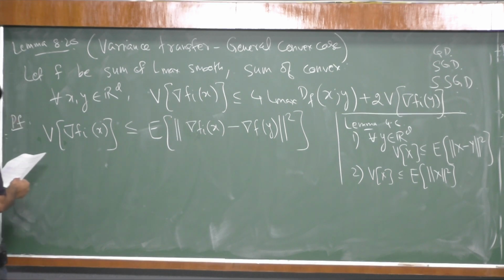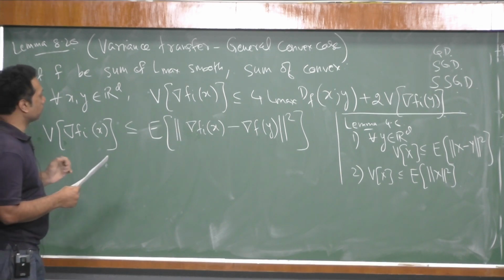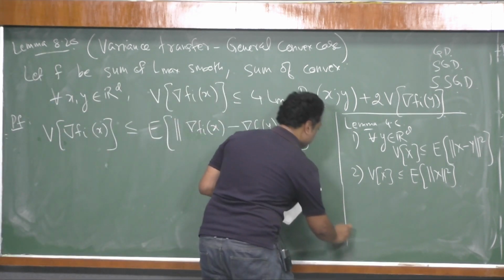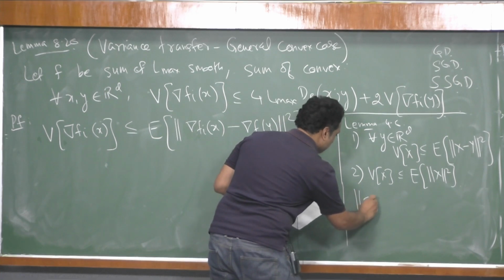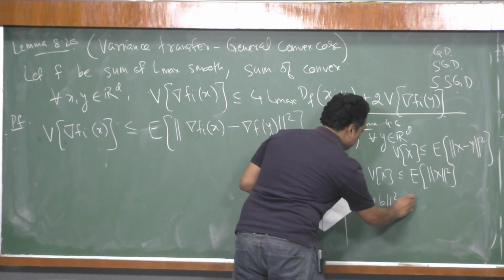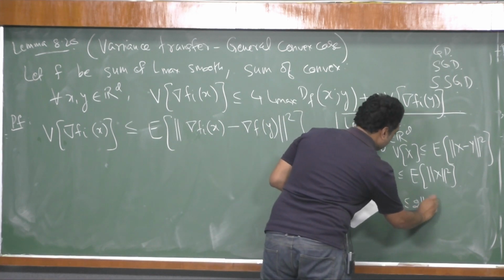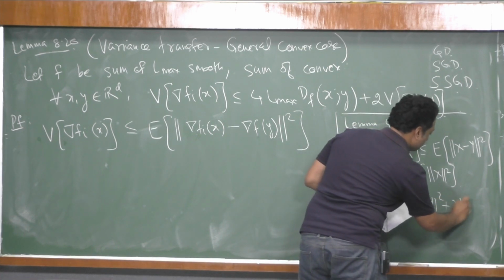Then we will use that inequality, norm of a plus b whole squared is less than or equal to 2 norm a squared plus 2 norm b squared.